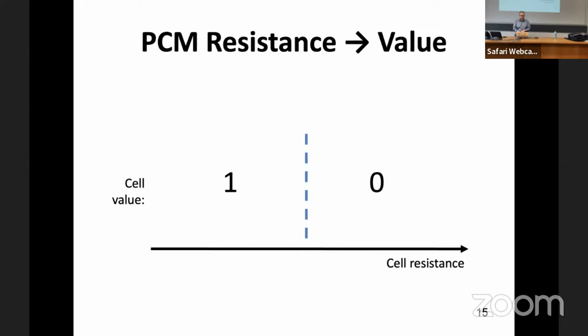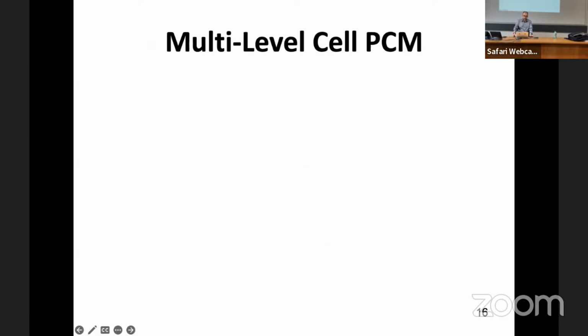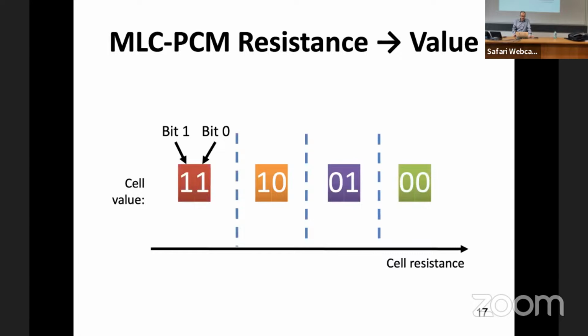So here we will discuss how we can chop this resistance range, like 1 and 0, down to more levels. We can have multi-level cell PCM as we discussed, and you can chop this cell resistance window into 4, for example. Here you are storing 2 bits per cell.